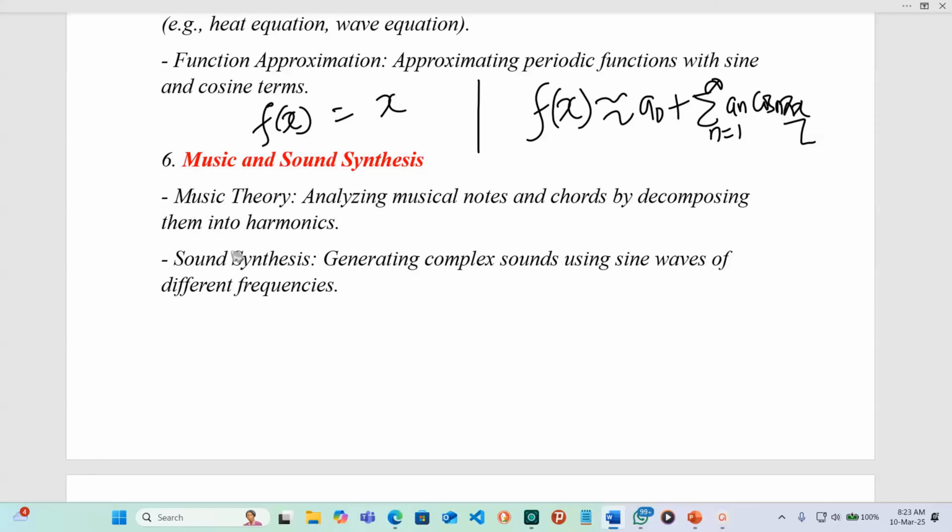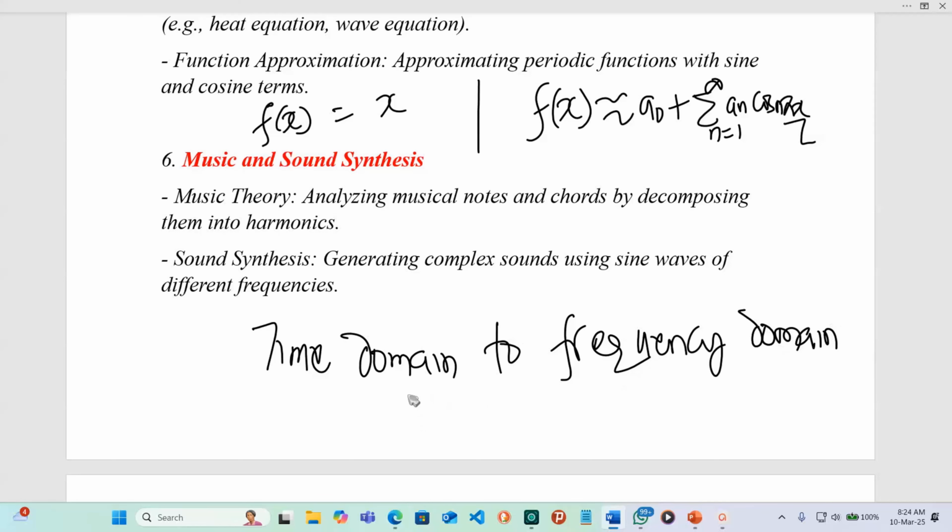We design a sound, and then we are able to generate different sounds by maybe changing the frequencies. And all of that is possible because we are able to express a function as a Fourier series, and then later on you do a Fourier transform. Fourier transform, we are talking about changing from the time domain to the frequency domain. That is what we mean by Fourier transform.